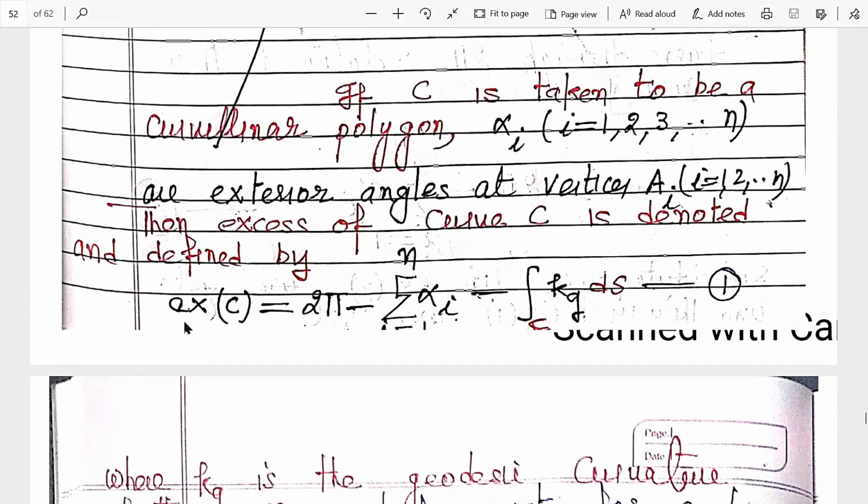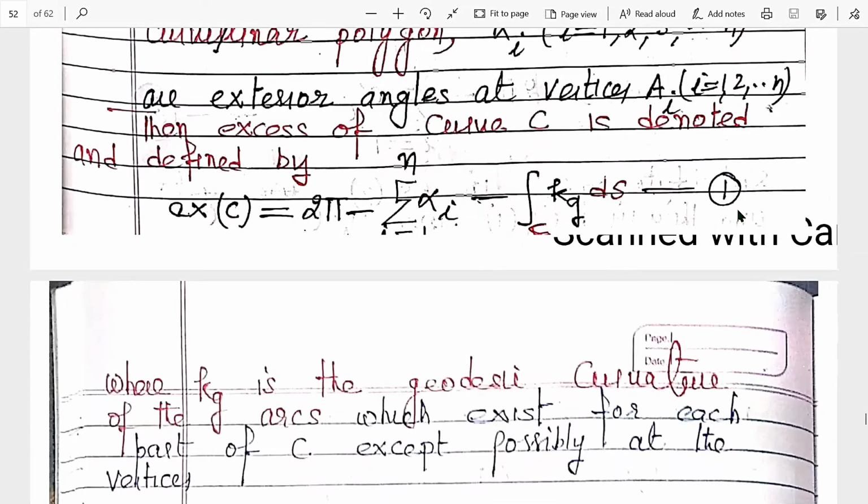The axis of curve C is equal to 2 pi minus the summation of alpha i, the sum of exterior angles, minus the integral around C of kappa g ds, where kappa g is the geodesic curvature, in equation number 1.